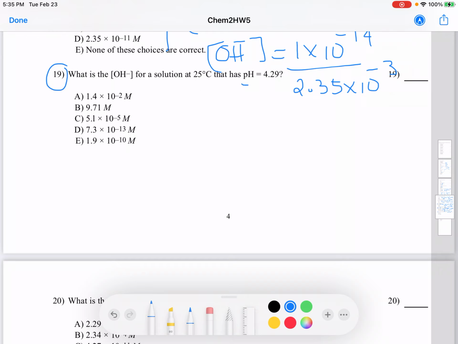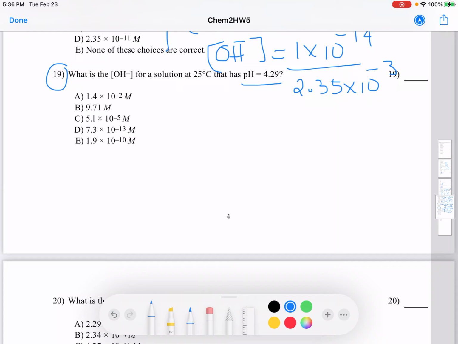One way is the pH is given 4.29, so we can find out the pOH. 14 minus 4.29 will give us the pOH, and from pOH you can find out the hydroxide ion concentration. Or else from the pH that is given to you, you can find out the hydronium ion concentration, and then using the Kw you can find out the hydroxide. Either way is fine.